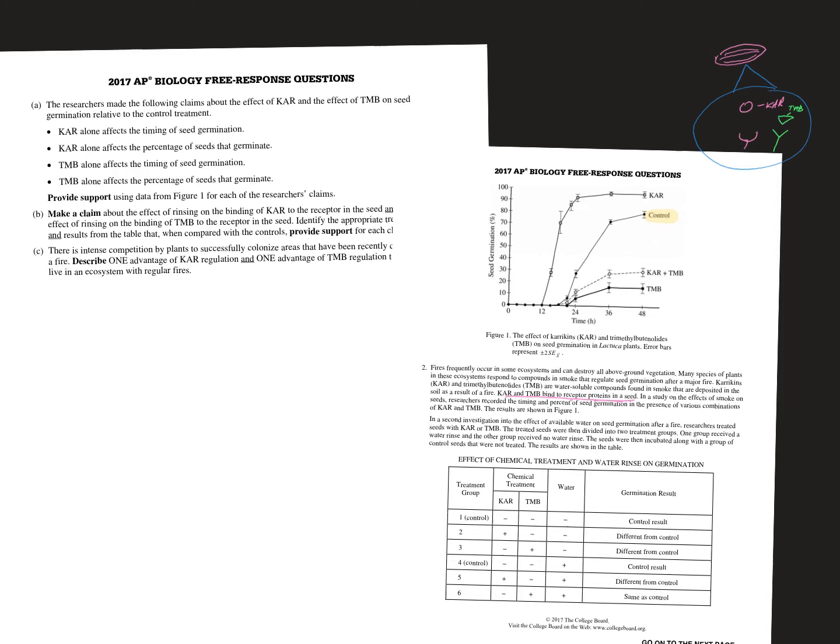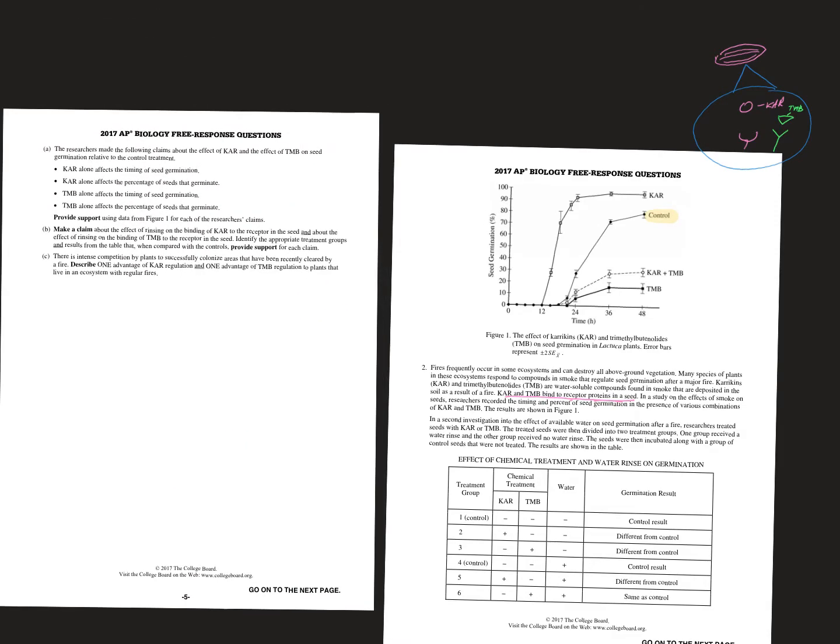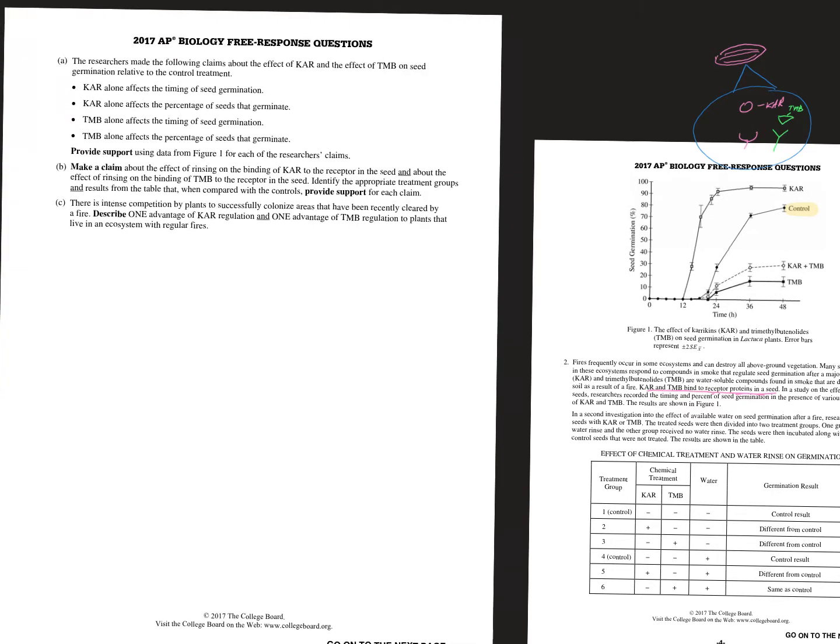There's an intense competition by plants to successfully colonize areas. Why is that cut off? Let's see. Oh, I see. So it says, make a claim about the effect of rinsing on the binding of KAR to the receptor in the seed, and about the effect of rinsing on the binding of TMB to the receptor in the seed.